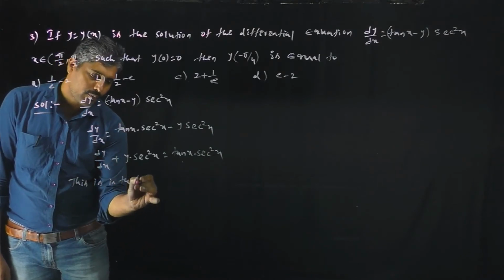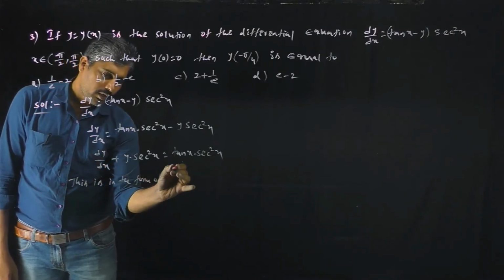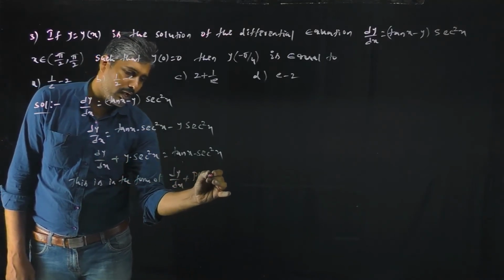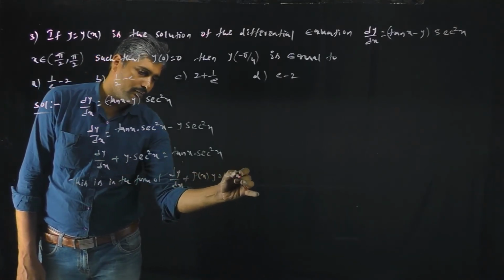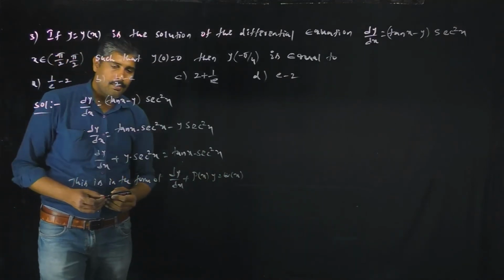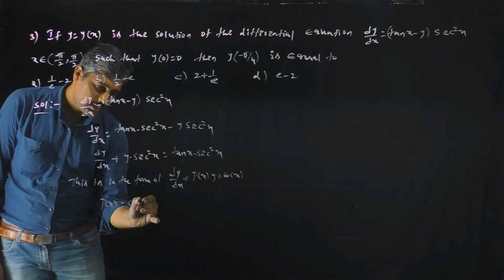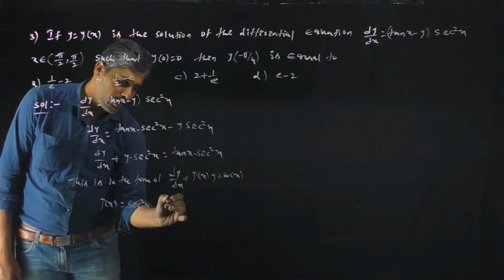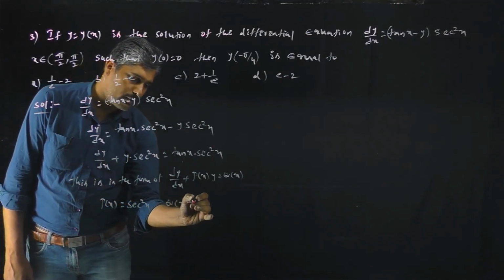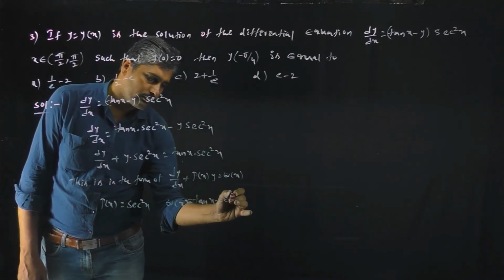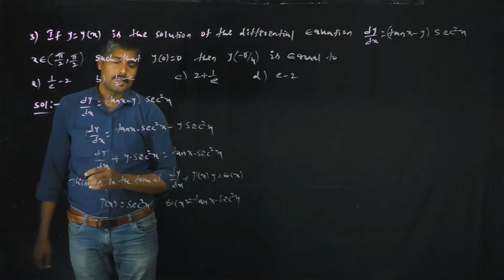This is in the form dy by dx plus p of x into y equals q of x. Here p of x equals secant squared x and q of x equals tan x into secant squared x.